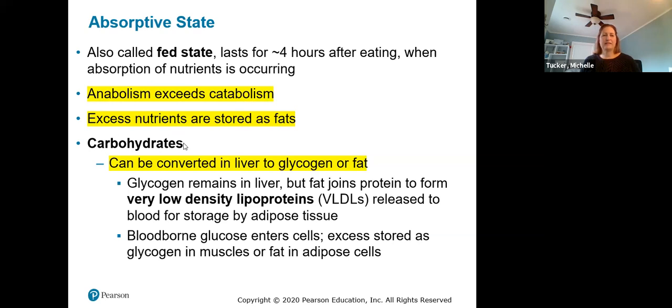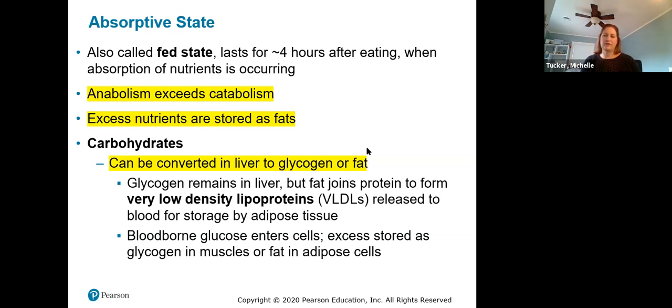When we have excess carbohydrate, it's going to be converted in the liver to glycogen. We can also replenish intramuscular glycogen stores if need be. It's probably already good, but that would be a time to do that.